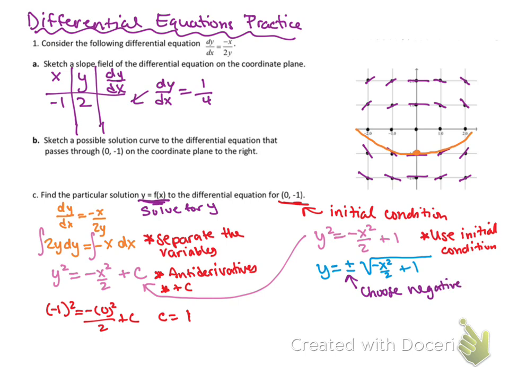And the reason that we are choosing the negative answer is because the y value in an initial condition is negative. So my final answer is actually going to be y equals negative square root of negative x squared over 2 plus 1.